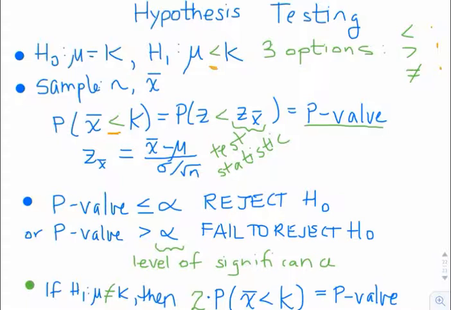The same way we did for any sampling distribution: x bar minus mu divided by the standard error, sigma divided by radical n. That is the p-value. That p-value is now compared with the level of significance. If it is less than or equal to alpha, we reject our null hypothesis. If our p-value is greater than alpha, we fail to reject the null hypothesis.